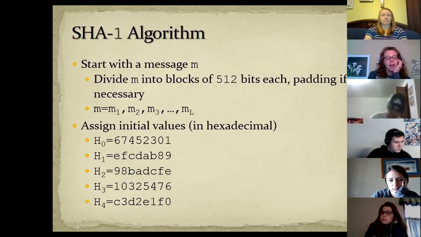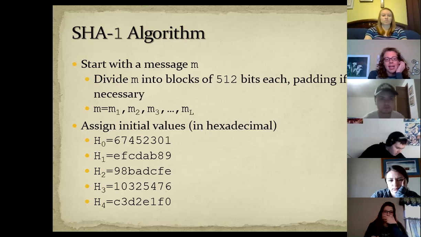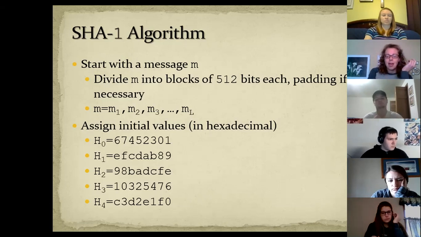Patterns are going on there. E, F, C, D, A, B, 8, 9. 9, 8, B, A, D, C, F, E. You can see the patterns. So these are the initial values that we need for SHA-1.